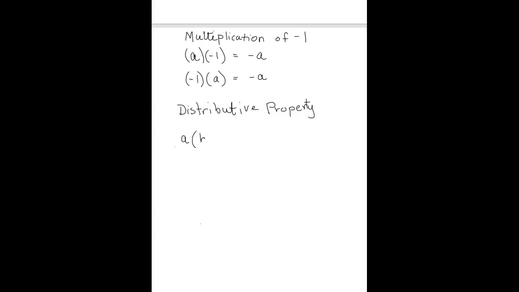So I've got my B plus C, and I'm multiplying that by my A. What happens is I'm going to multiply both of those by A. So I've got an A times B plus an A times C. That is the distributive property.